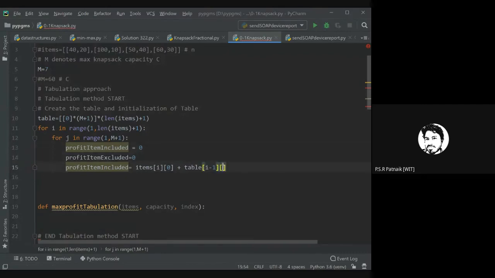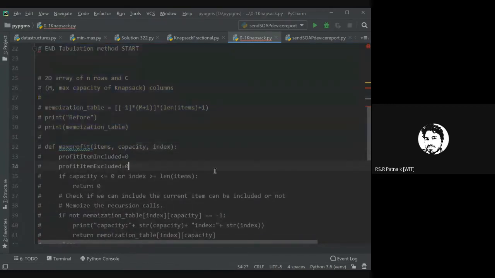So how do you calculate the capacity here now? Which will indicate capacity? Here the capacity will be indicated by J, right?